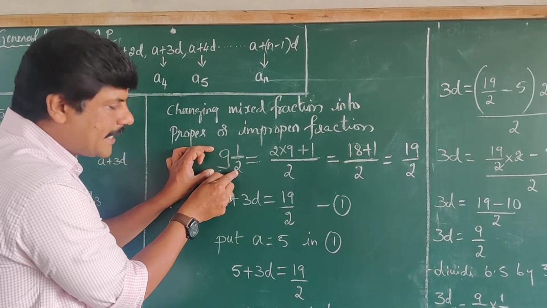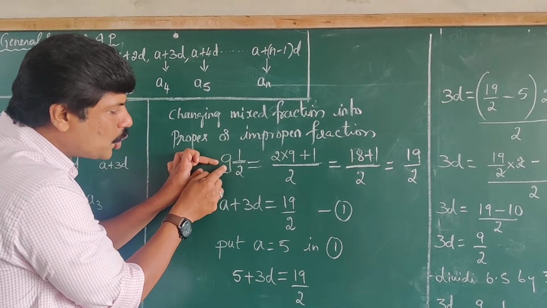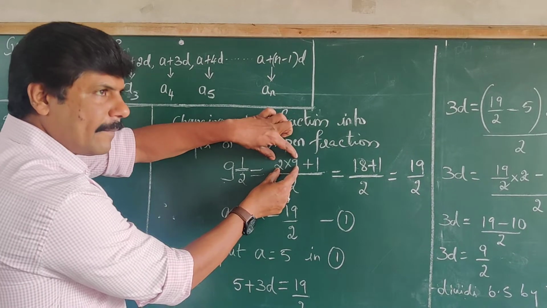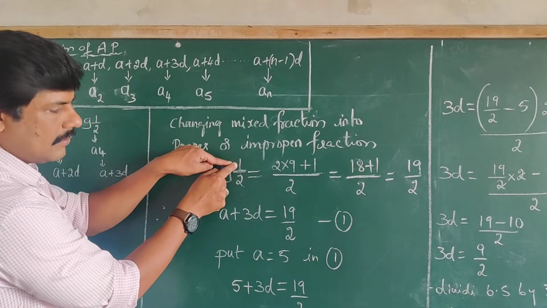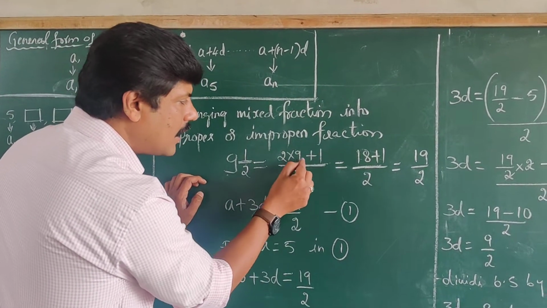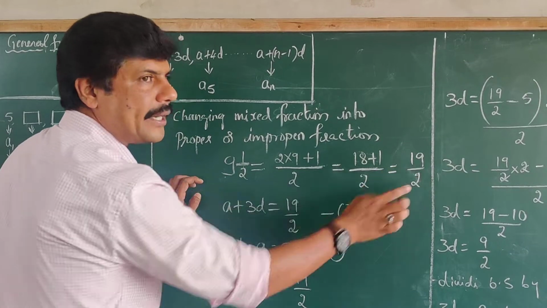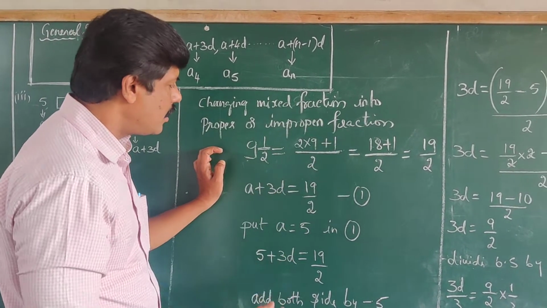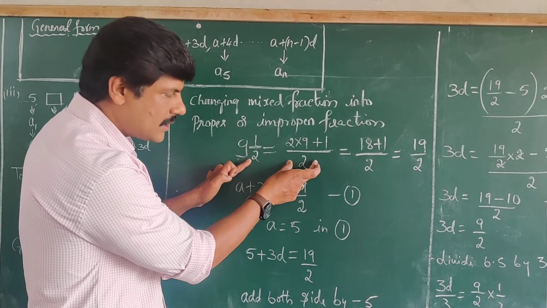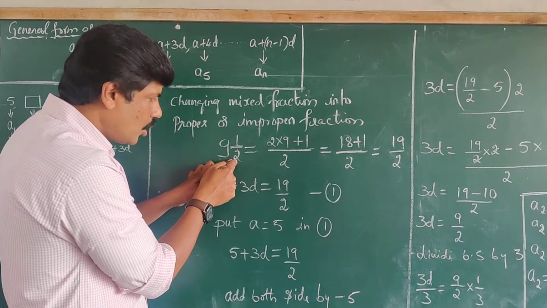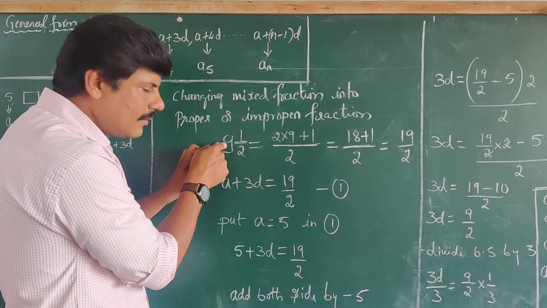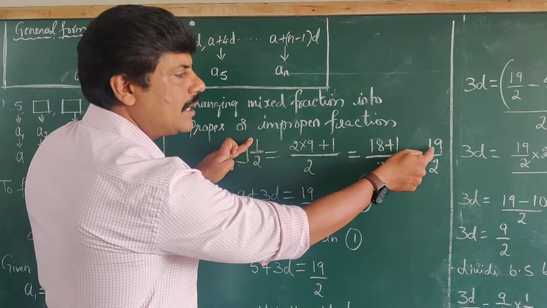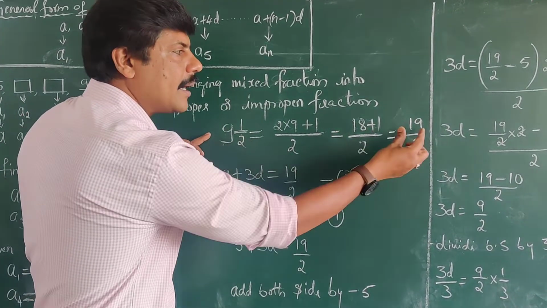Multiply the denominator 2 with 9, that is 2 times 9, which is 18. Then add the 1 to it: 18 plus 1 is 19. Understand, children? To convert a mixed fraction into an improper fraction, maintain the denominator as it is, multiply the denominator with the whole number 9, and then add the numerator 1. Therefore, 9.5 becomes 19 by 2.